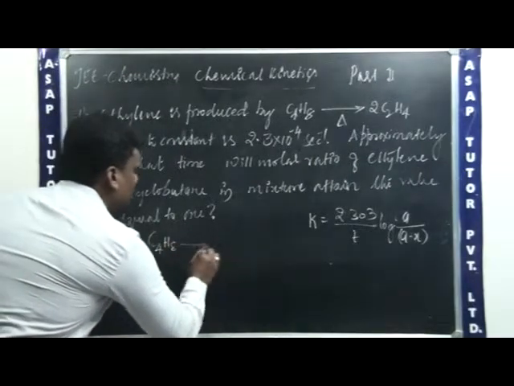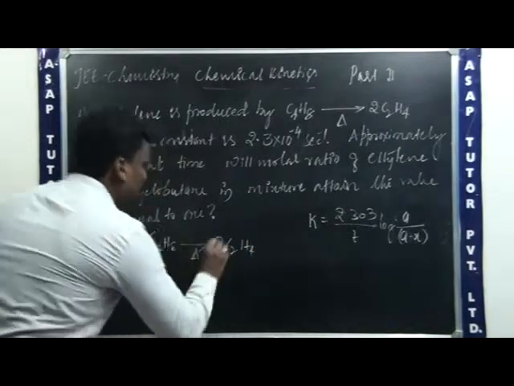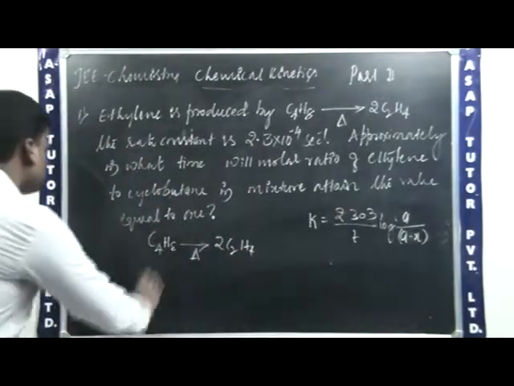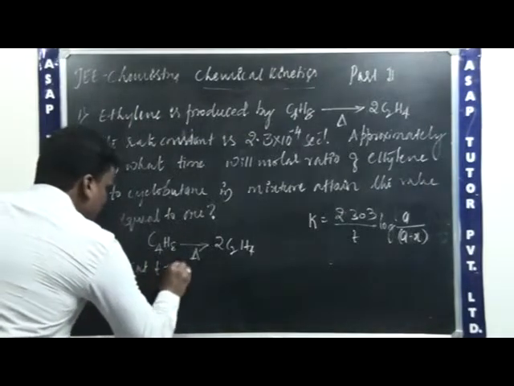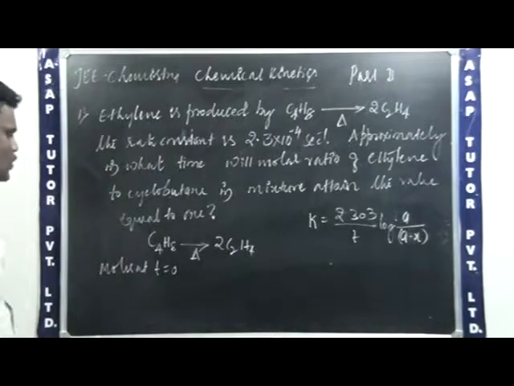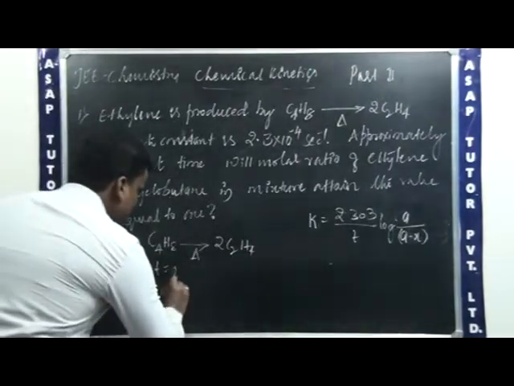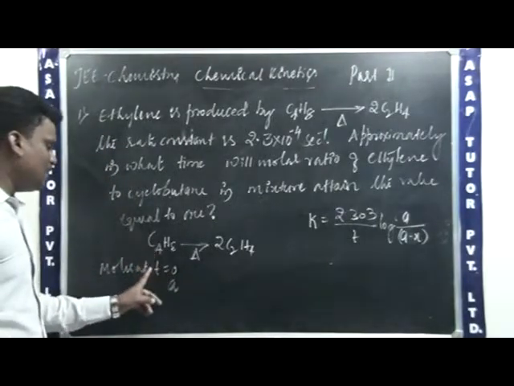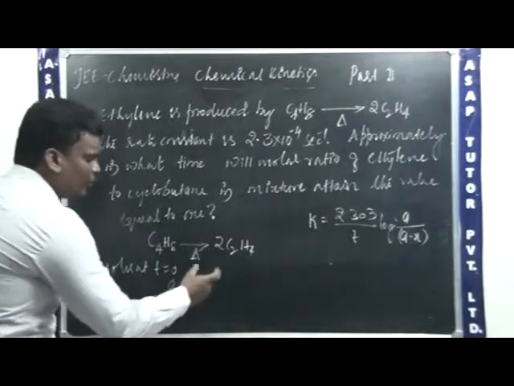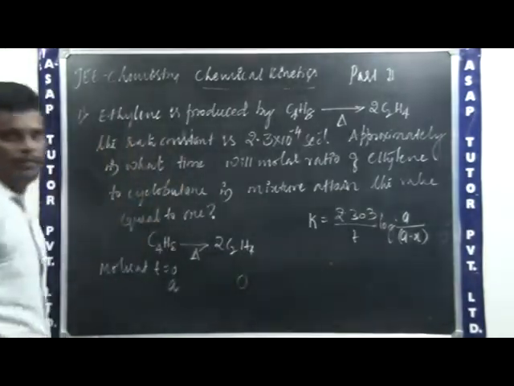C4H8 gives rise to 2C2H4. This is the decomposition reaction. Now moles at time t equal to 0, so the concentration of C4H8, I take this as A, initial concentration. As I am taking time equal to 0, the product formation is nil, therefore I will take this as 0.